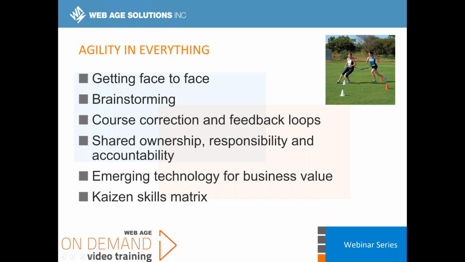In this section, we're going to talk about getting face-to-face, brainstorming, how do we manage course corrections, shared ownership and responsibility. We'll talk about emerging technologies for business value, and then finally, how the Kaizen skills matrix comes into play as a development tool for our leaders.